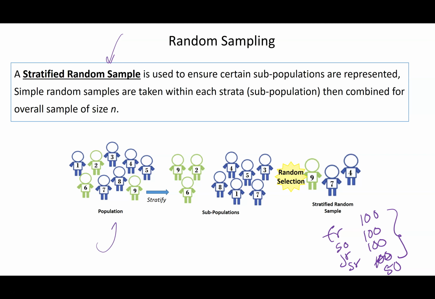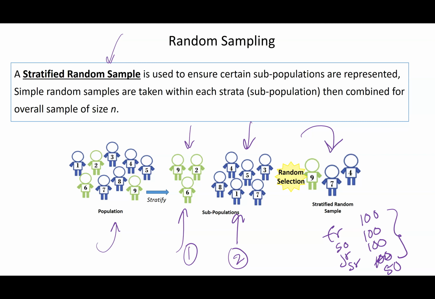So for example here, we have our population. We have green people. So these three are green. All the others are blue. So what we do is we now have two subpopulations. So I randomly sample from the green, and then I randomly sample from the blue. And that's how I get my sample.